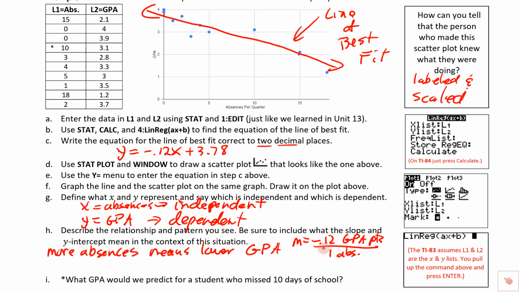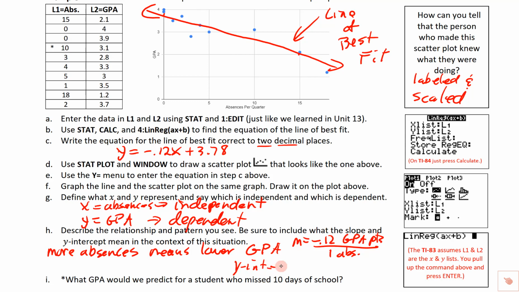And then the y-intercept, remember the y-intercept would be this point right here, so that's 3.78. So that means if you had 0 absences, you could expect about a 3.78, okay? So y-intercept, so I'll put y-int.